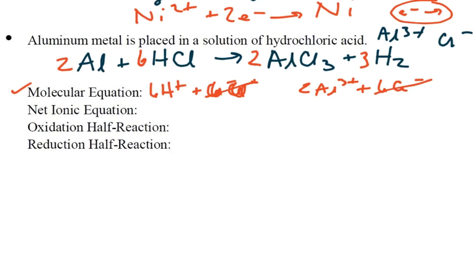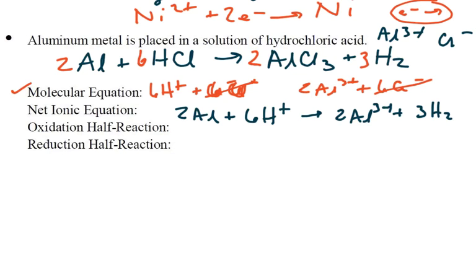So the net equation, I'll do it again in black, is going to be 2 aluminums plus 6 H pluses turn into 2 aluminum ions and 3 H2 gas neutrals. So here's our balanced net ionic equation where we leave out our spectators, and the spectator in this case were the 6 chloride ions.